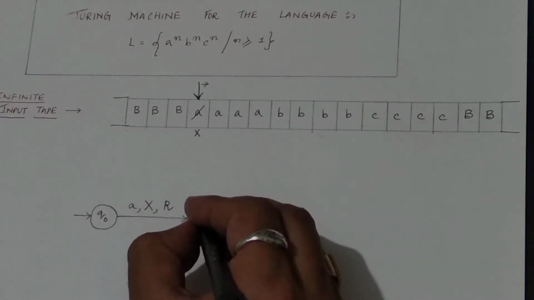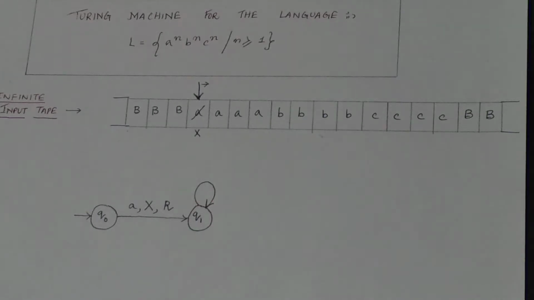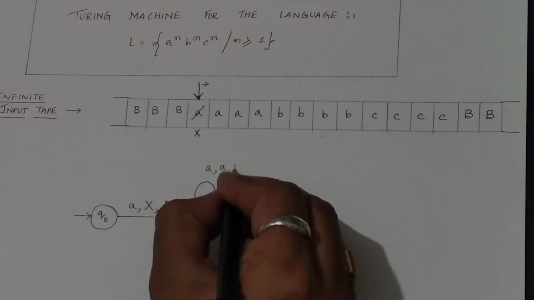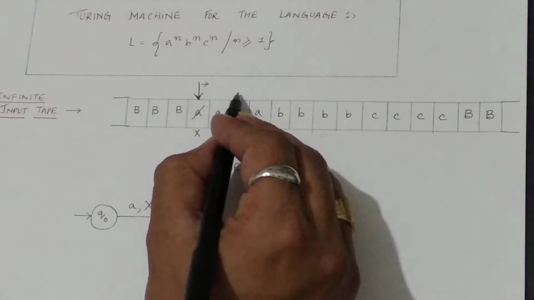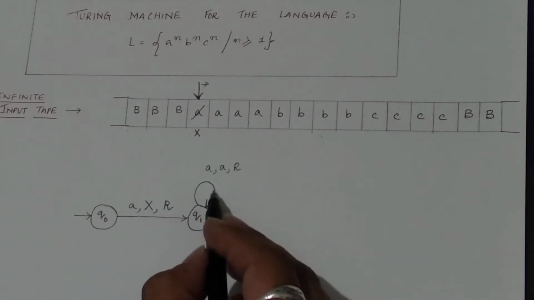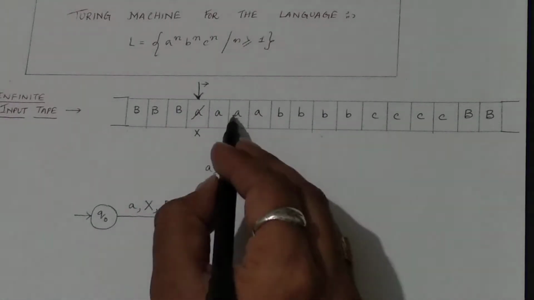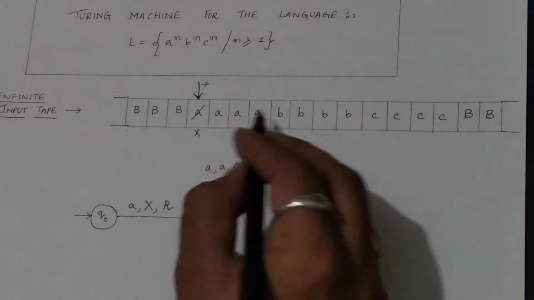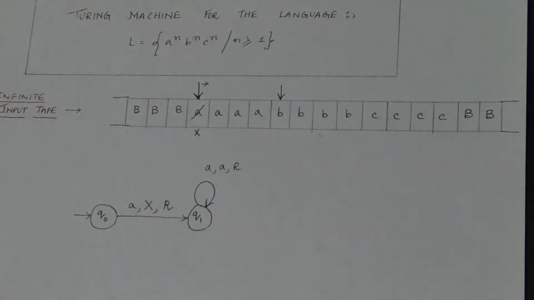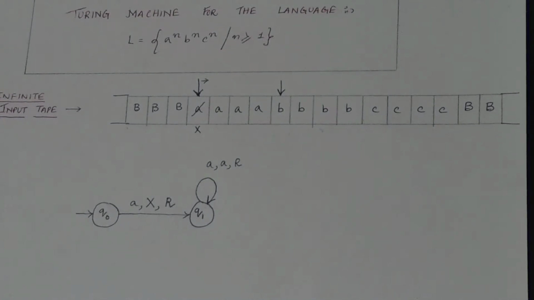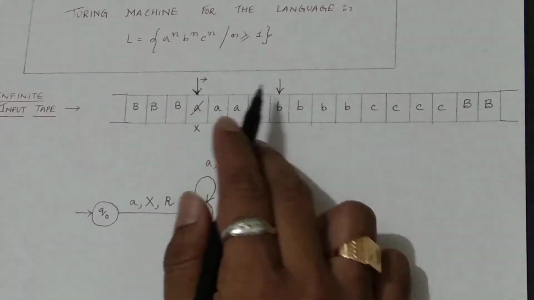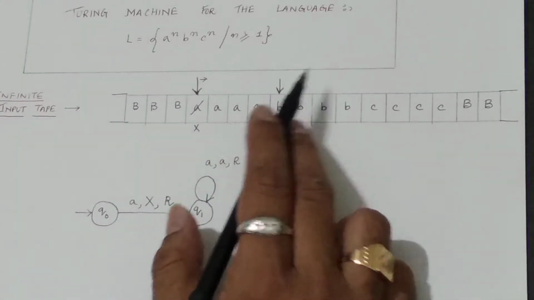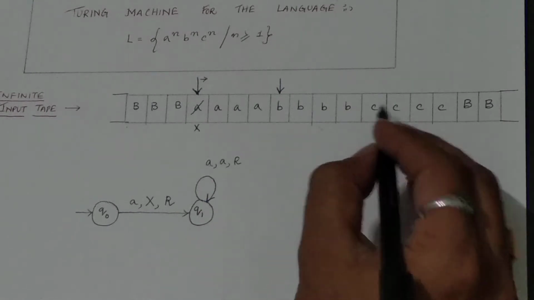That means I have to take a self loop over q1: on reading a, I replace it by a, and the tape head moves in the right hand side direction. It checks first a, done, second a, done, third a, done, then it reaches b. As soon as it reaches b, the tape head will not move back in the left direction; it will move right, as c is also there.